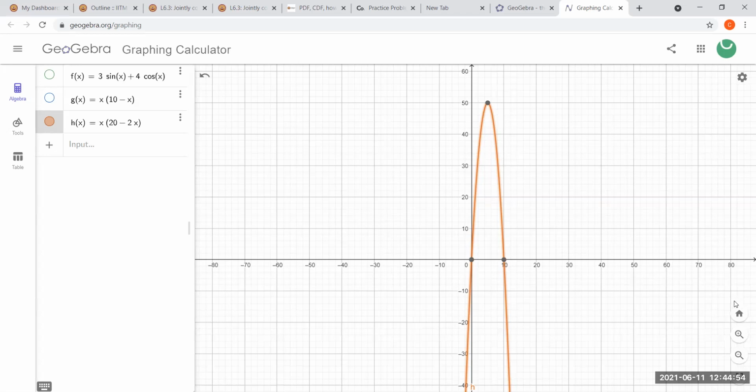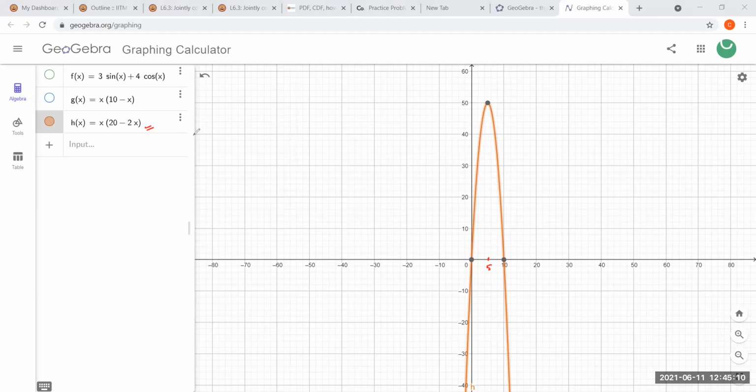So you can see that at 5 the function attains the maximum. This is the actual area.